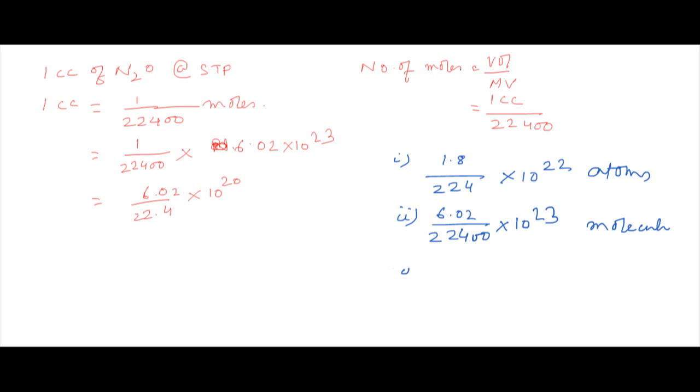Number 3 was 1.32 by 224 into 10 to the power 23 electrons, and number 4 was all of the above. So first we calculate the number of molecules over here, that is this one.